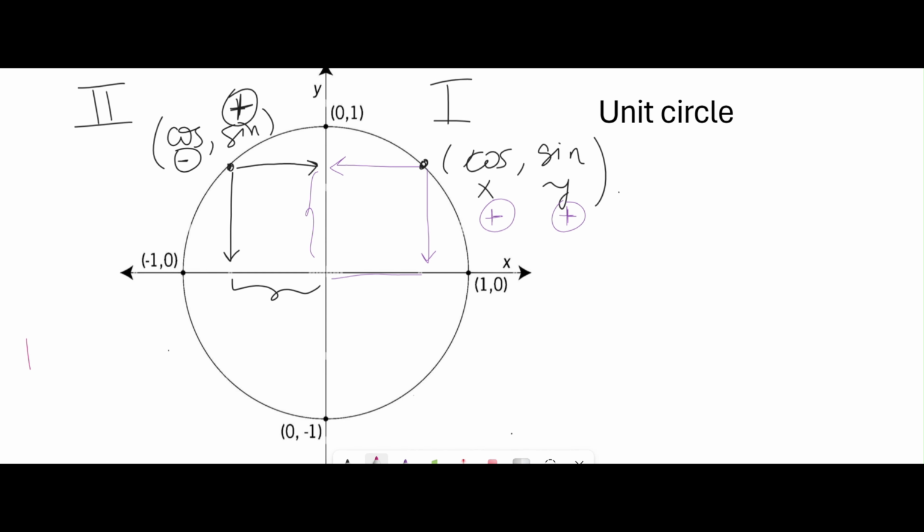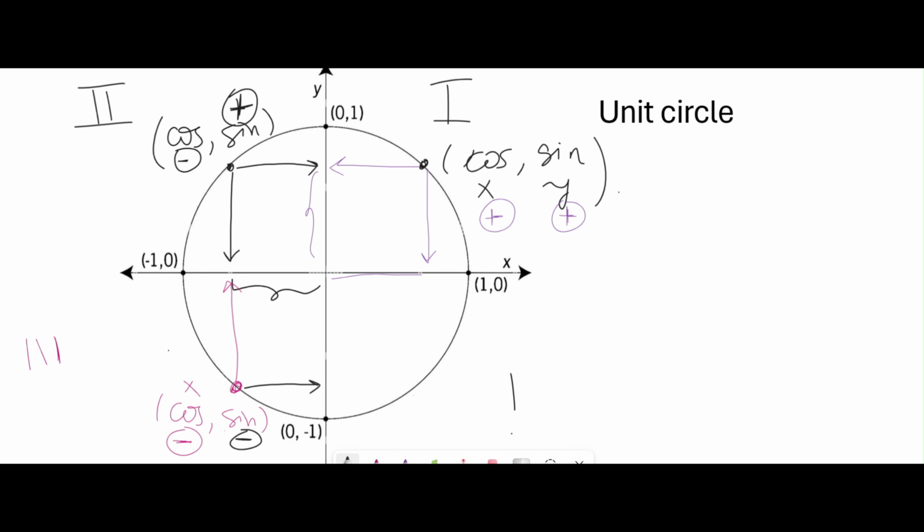Let us move on to the third quadrant. Any point, this point over here. First of all, cosine and sine. Cosine is on the x-axis, right? So on the x-axis, we still have a certain negative value, while sine is on the y-axis. Oh, but this one is a negative number as well.